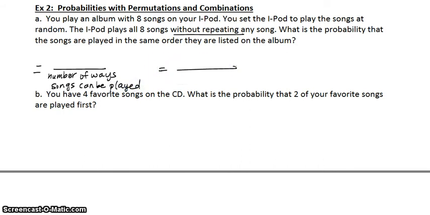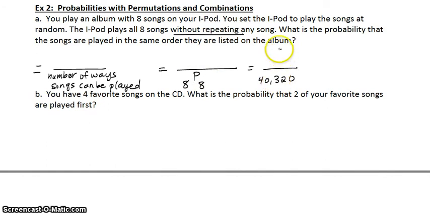So I got 8 songs, and they're going to come up in all these different orders. So that is a permutation then, and I have 8 songs, and I'm going to select and rearrange all 8 of them. So for my probability, there's 40,320 ways all these 8 songs could show up on the CD or the iPod. Kind of crazy, huh? So that part, we use the permutation.